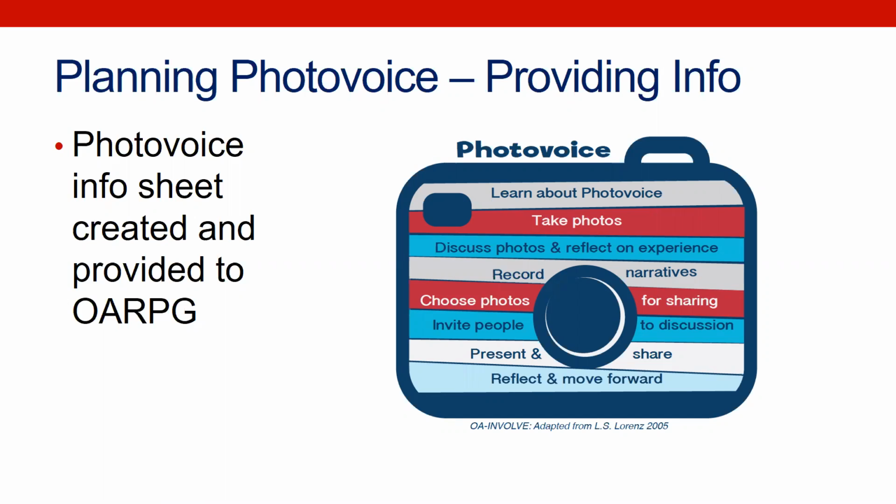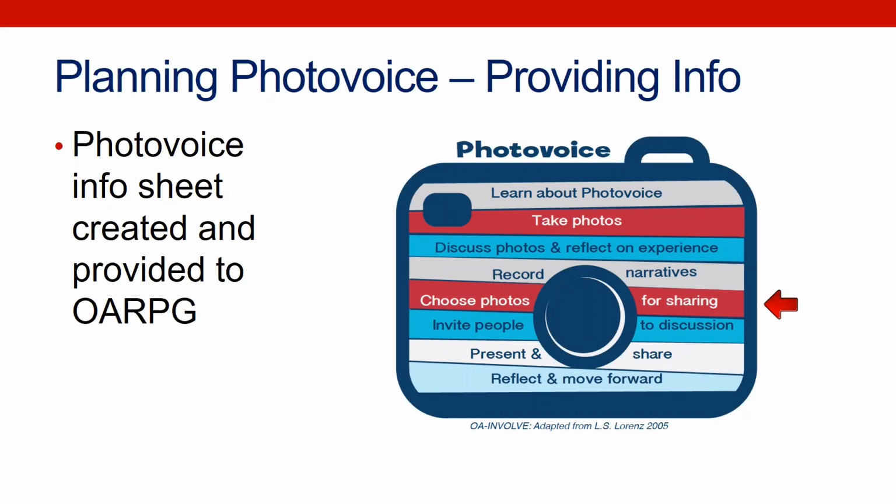After learning about photovoice and selecting a topic as the focus of the photovoice project, take as many pictures related to your topic as you like, aiming for at least 10 to 20 photos. Discuss the photos. So this involves reflecting upon your experiences. Write a narrative, i.e. the accompanying text to the photos that explains why you took the photo and the message that each photograph conveys.